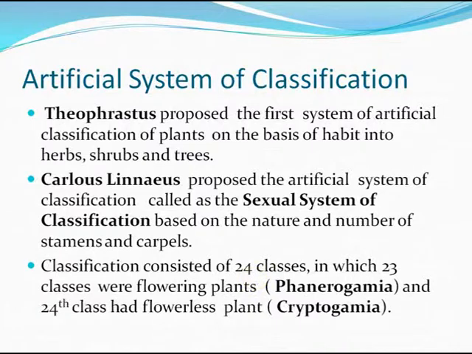The classification consisted of 24 classes, in which almost all classes were of flowering plants, the Phanerogamia, and only one class was the flowerless plants, that is the Cryptogamia.